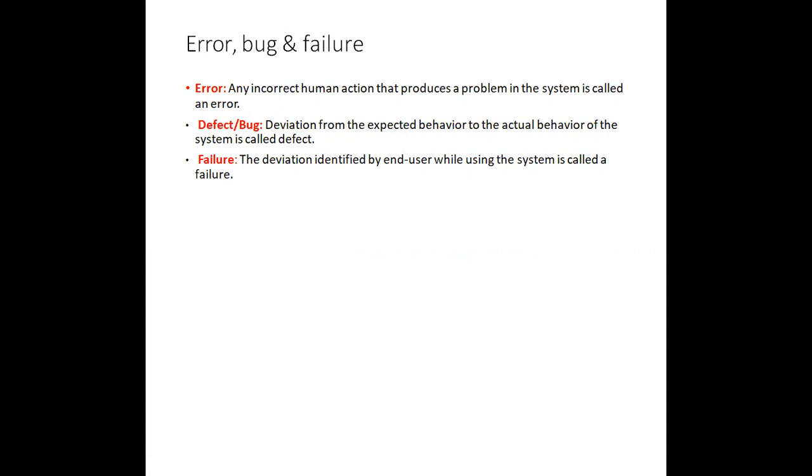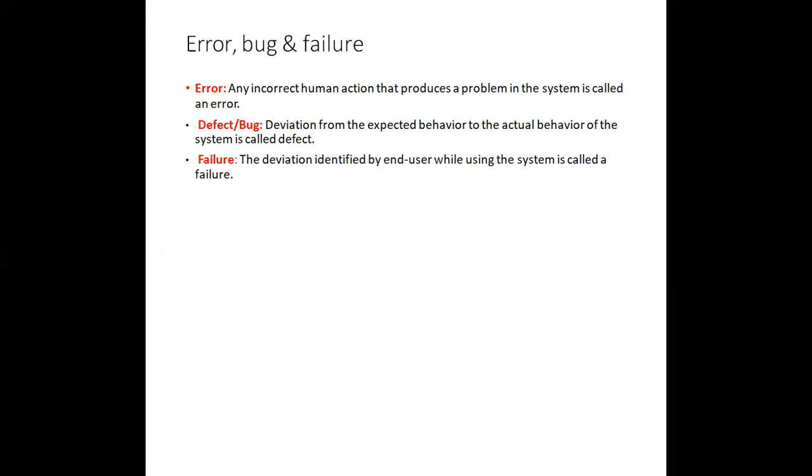The end user doesn't know whether this is a bug or a defect. He will say that if I enter the username and password but am unable to log in or go to the home page, this is a failure. These are the differences. Generally we say what the error is, what the defect is, and what the failure is.